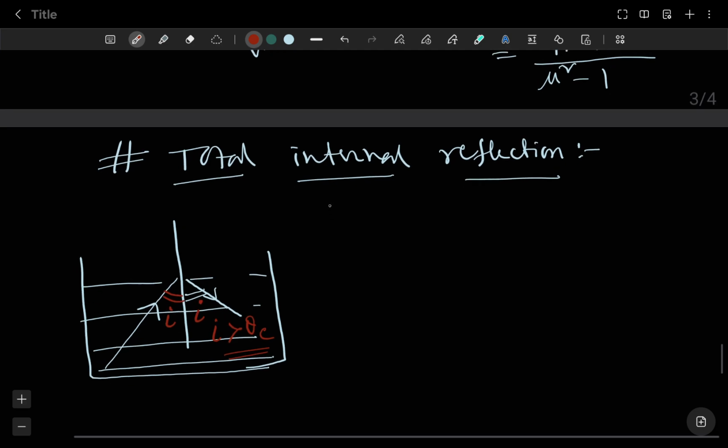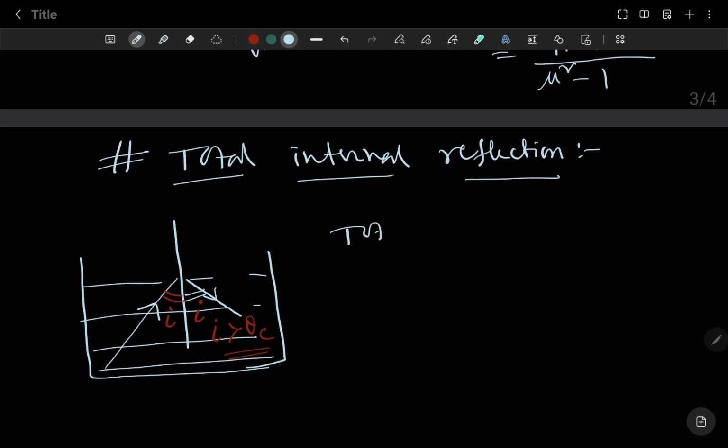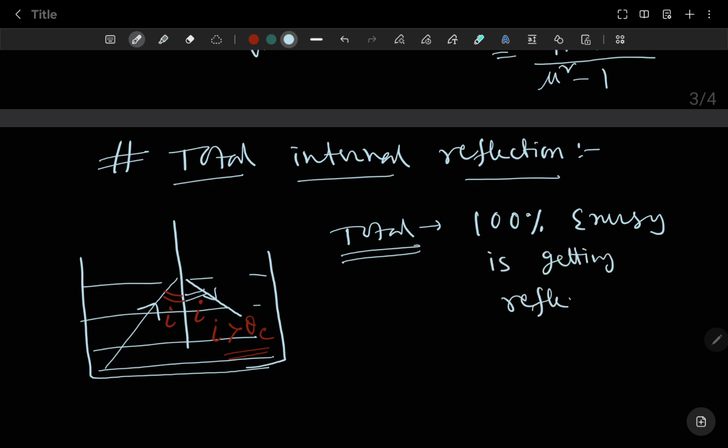Total. Why is it total? Because 100% of the energy is getting reflected in this case. We can prove it from Maxwell's electromagnetic theory, that 100% of the energy gets reflected.